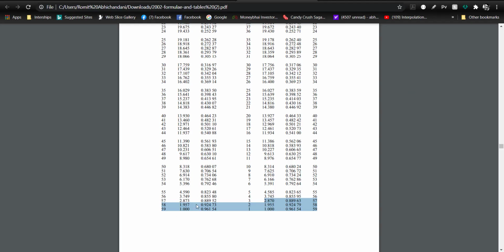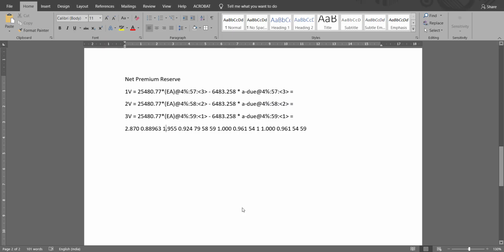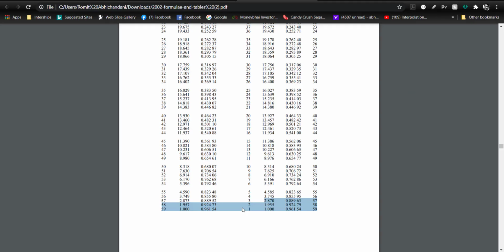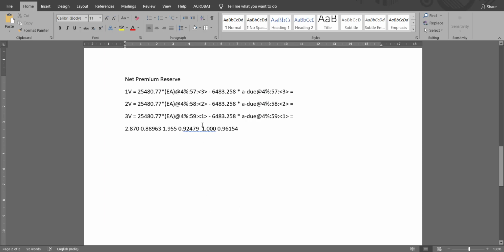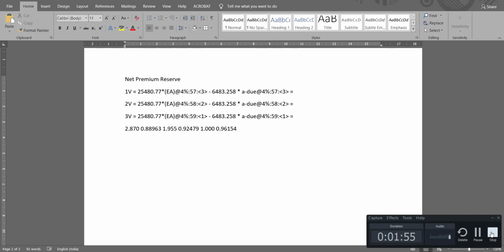Basically you don't need the select ones, you just need the ultimate ones. So these two numbers you need, and then this all goes away. You need these last two numbers. But this is also just one number, and then you can remove this. Yeah, so this is what you have, and these are the numbers you need.